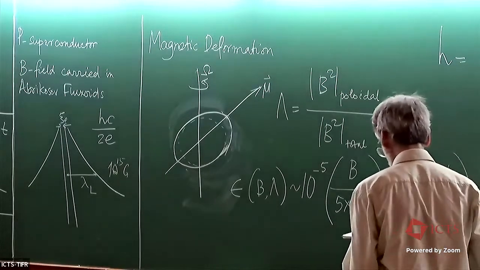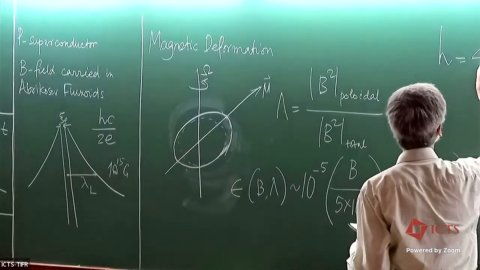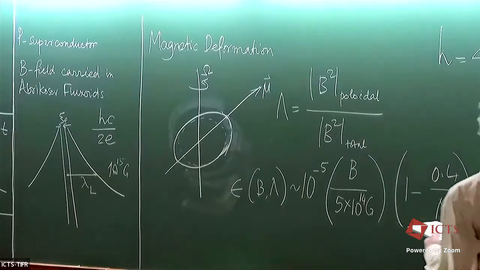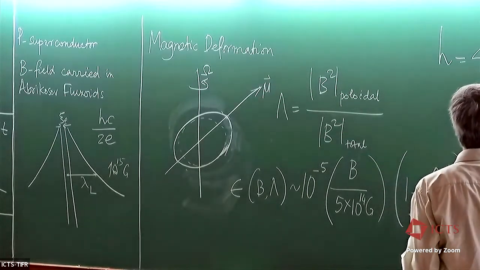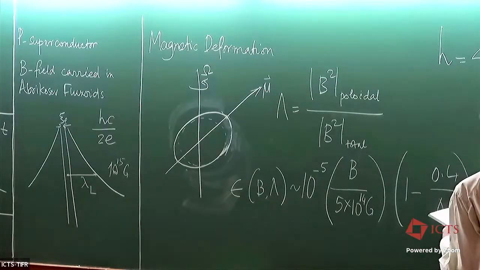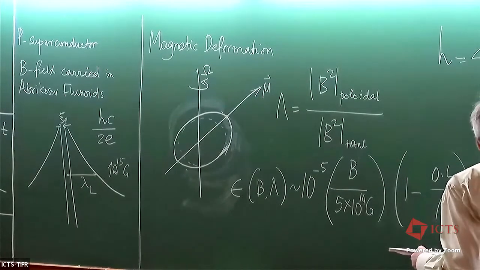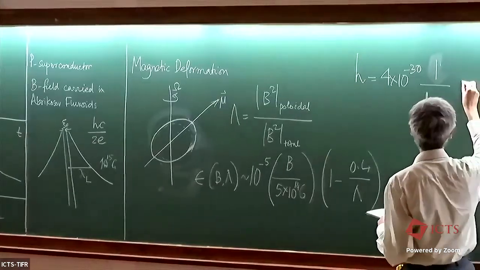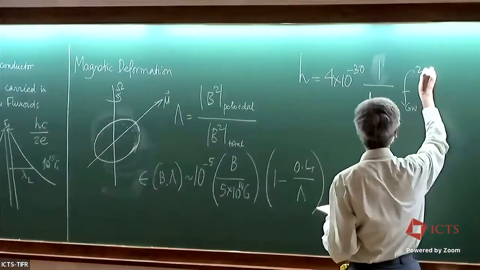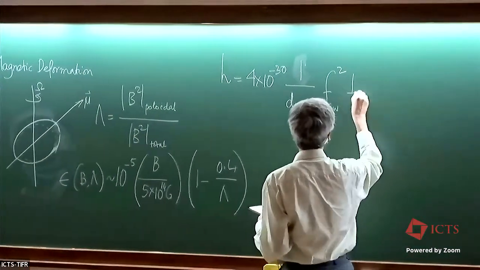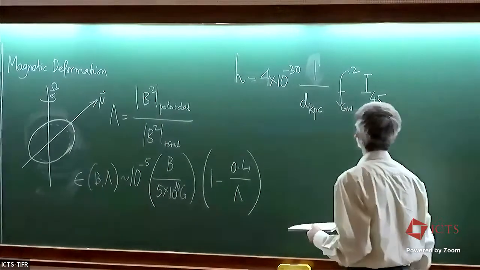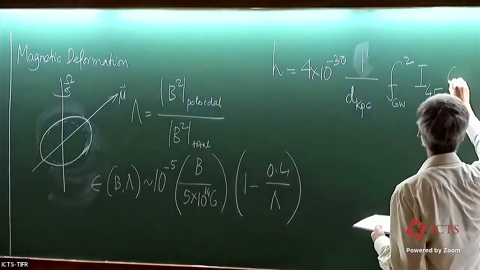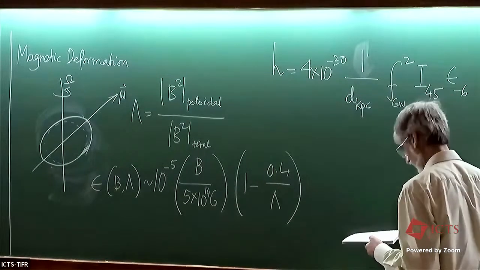This is the gravitational wave amplitude, roughly 4 times 10 to the power minus 30, 1 by distance in kiloparsec, times frequency of the gravitational waves squared, times neutron star moment of inertia in units of 10 to the power 45 gram centimeter squared, and epsilon in units of 10 to the power minus 6.